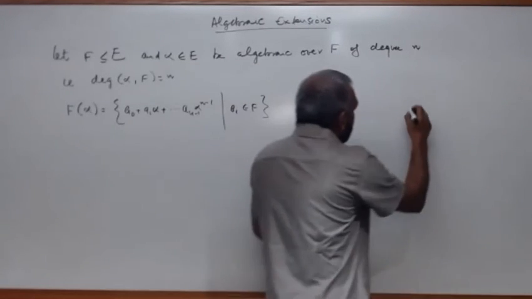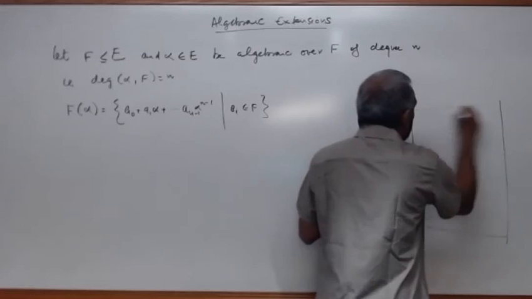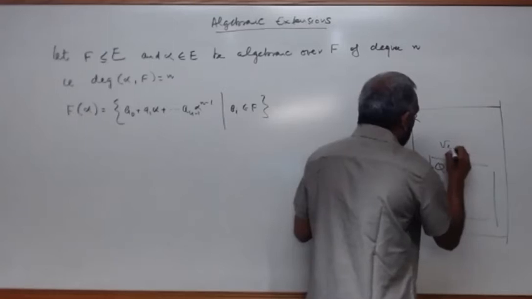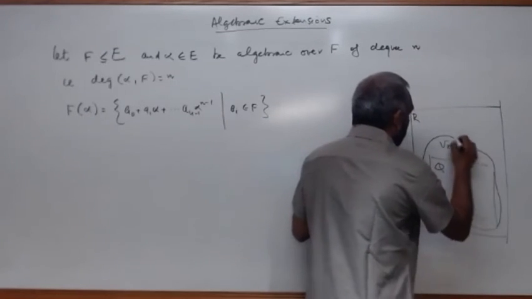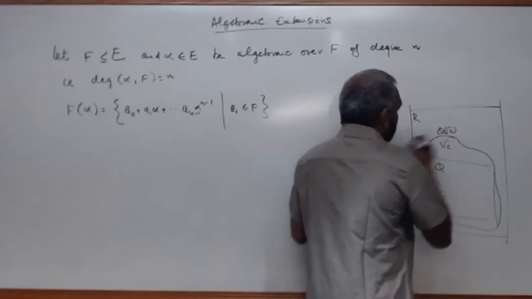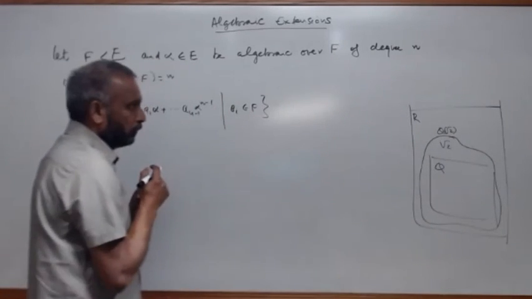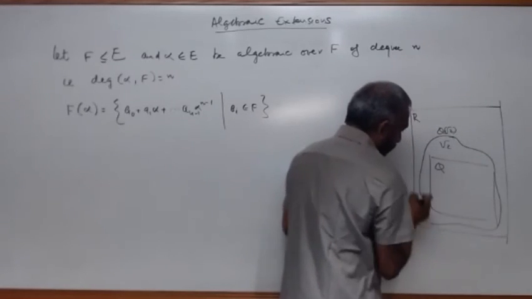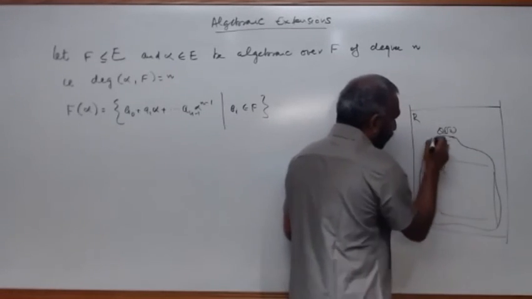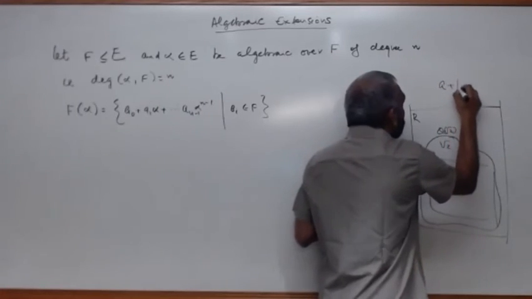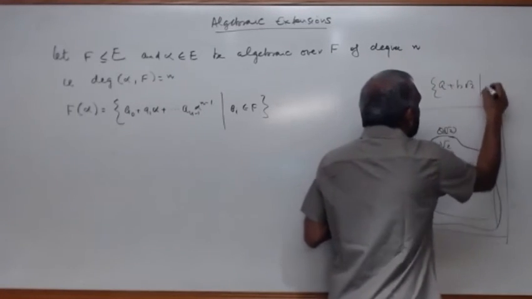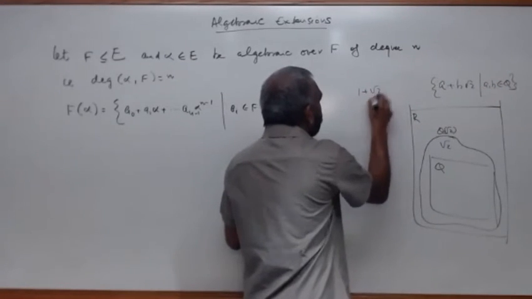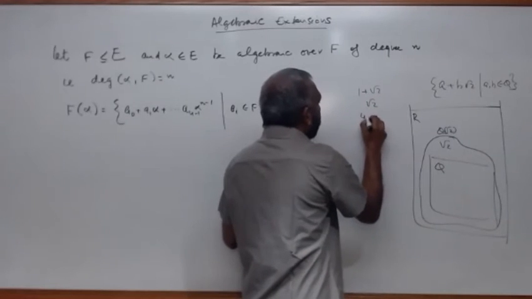Give an example here, the normal Q(root 2) example. This is my Q(root 2), the simple extension of root 2. And the elements of this extension field are a plus b root 2 such that a, b in Q. Something like 1 plus root 2, 4 plus 3 root 2.